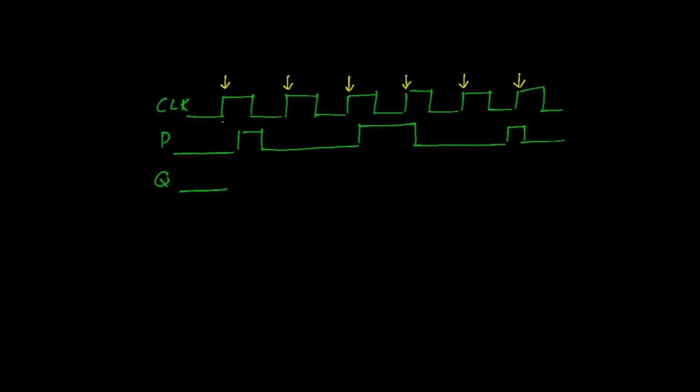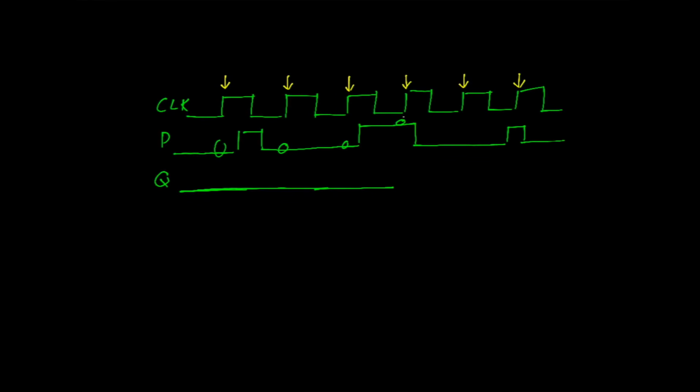On this first rising edge, we see that D is low, so Q will stay low. On this rising edge, D is low, so Q stays low. Here's another rising edge. Looks like Q is going to keep staying low.